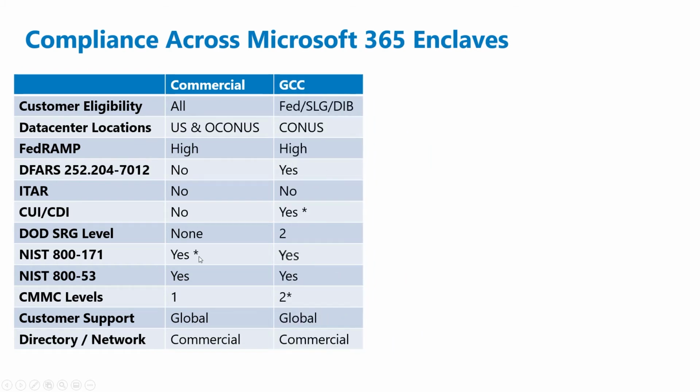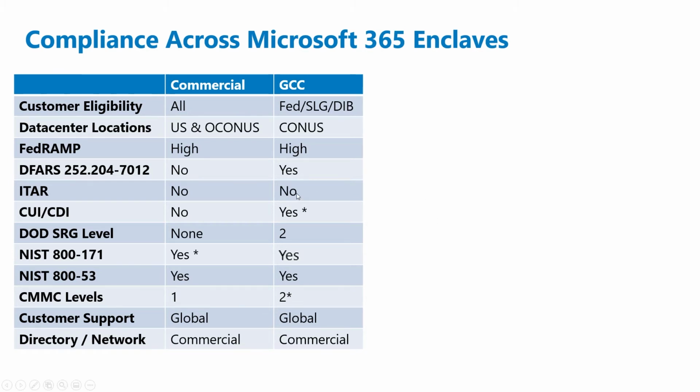Now, in terms of GCC, the Government Community Cloud, you see that this does have the ability to meet DFARS, and the important part here is with contractual flowdowns. So if you have contractual requirements to meet DFARS 7012 in terms of holding forensic data in the event of a cyber incident, GCC High or GCC is sufficient to meet DFARS 7012.